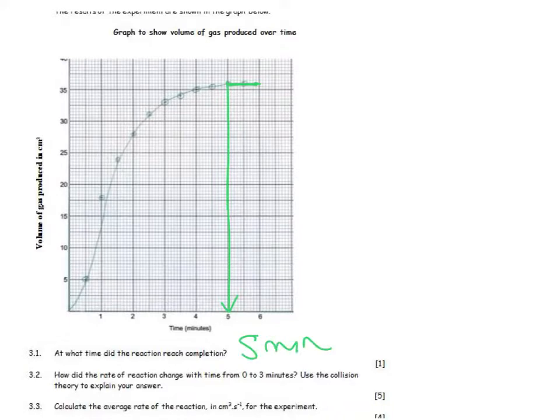How did the rate of the reaction change with time from 0 to 3? Well, the first thing is it starts off slowly because the particles need to come into contact with one another. So that part you need to say to me, it's getting faster as particles meet, something along those lines.